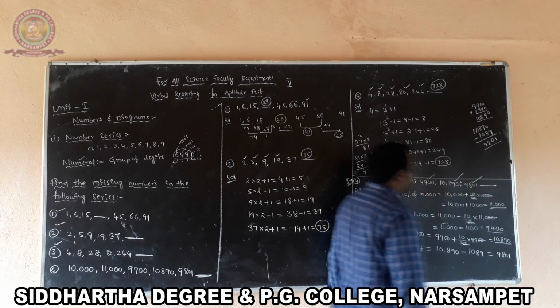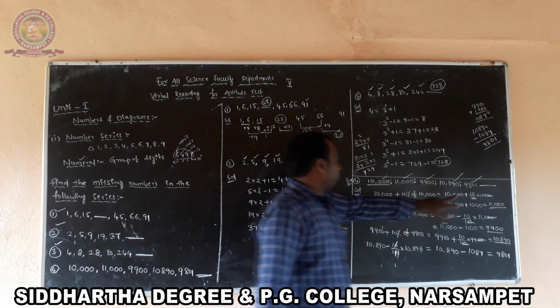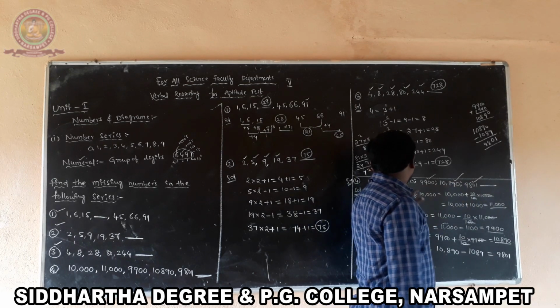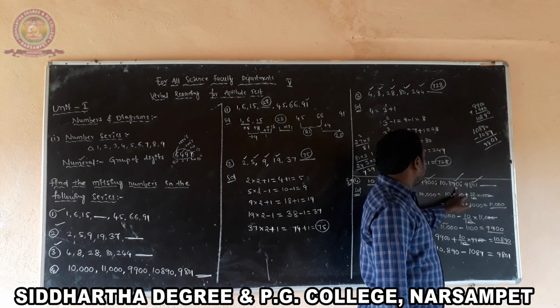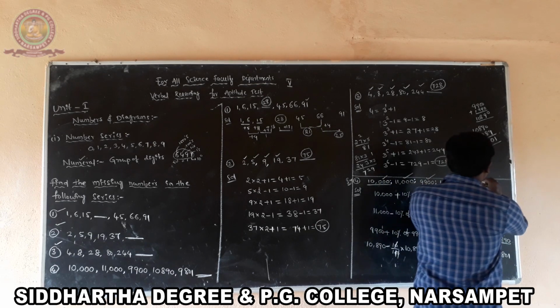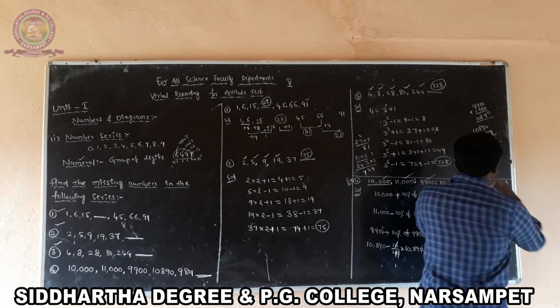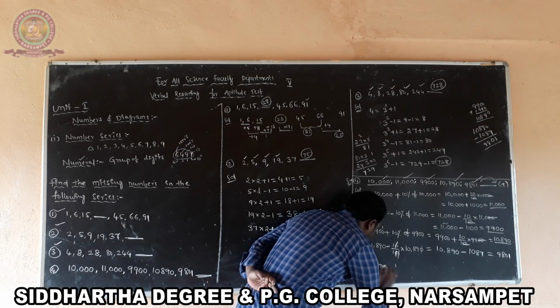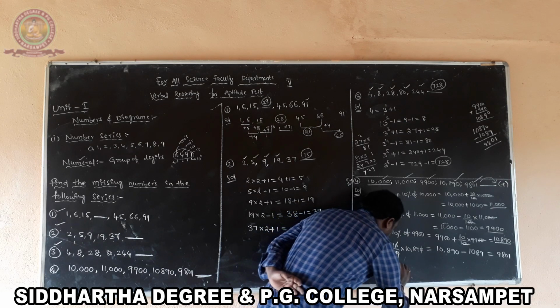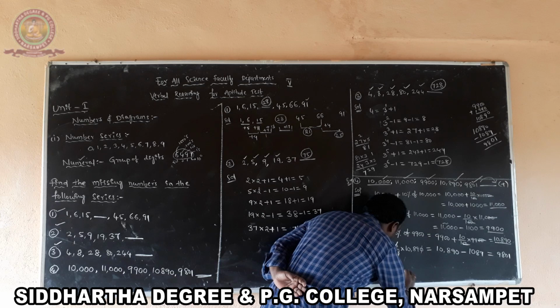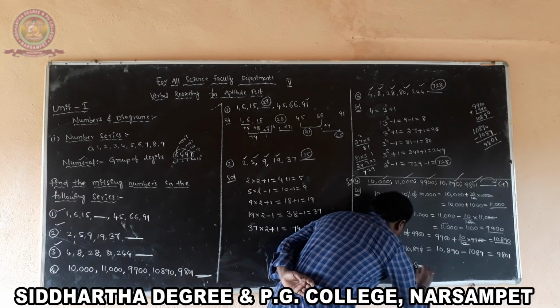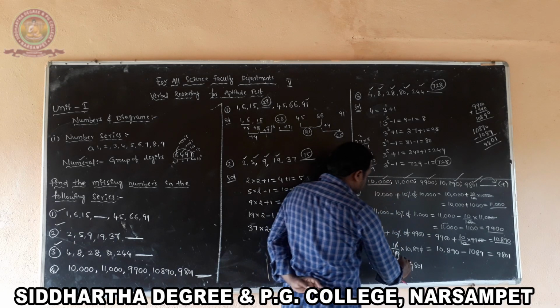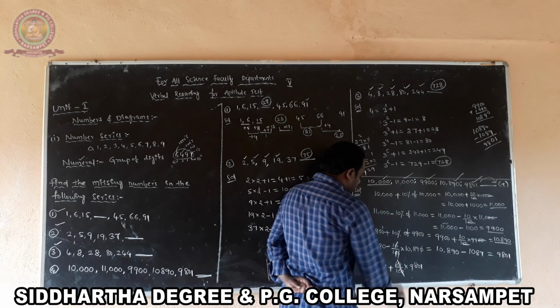9,801. Now we have to find out the next term. So the value is first increasing, decreasing, increasing, decreasing. Then again increasing. So the sign is plus. So 9,801 plus 10 percentage, that is 10 by 100 into 9,801. Right? So 0, 0 cancel.